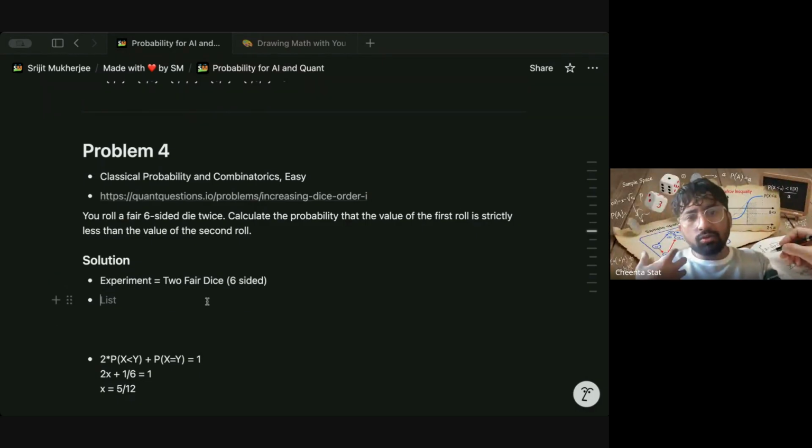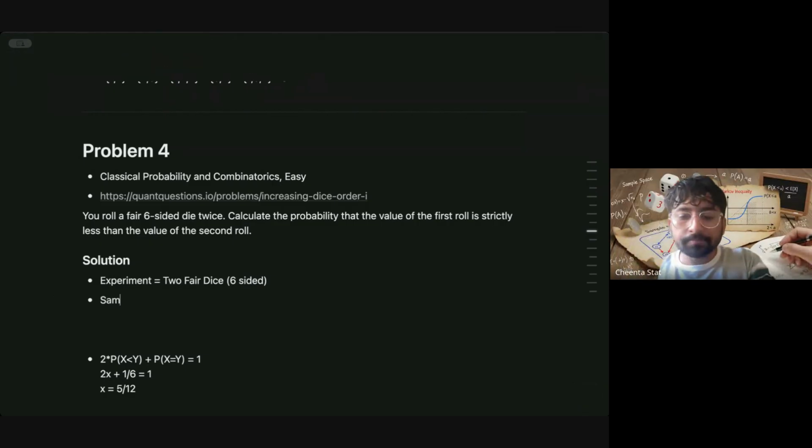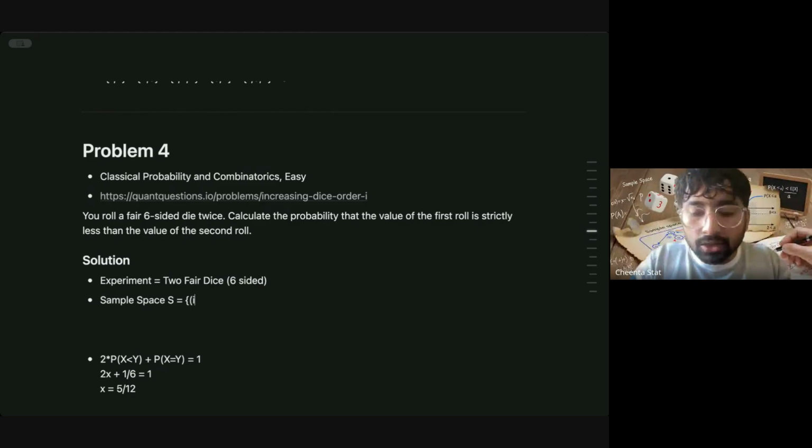Next, it's an experiment, right? So we will have an outcome of it, the space of outcomes. It's called the sample space S, which is nothing but, let's write the math of it, because it's easy to write. You should learn to write.